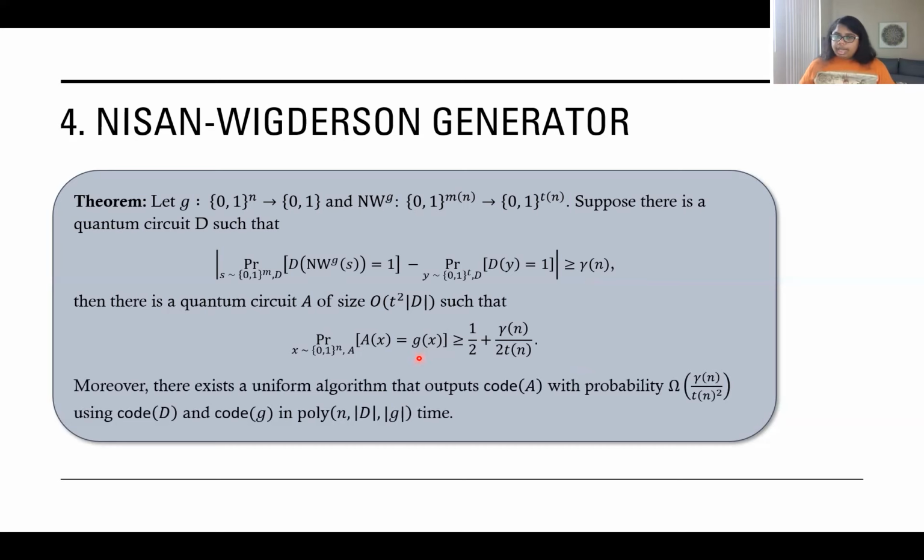And the main idea here is that the design is computing on different sets of indices, and if it's the ith bit of the generator that you can distinguish with high probability, then you need to do some smart arguments to sneak in this question x into that ith index, so that you can compute g of x with high probability as well.